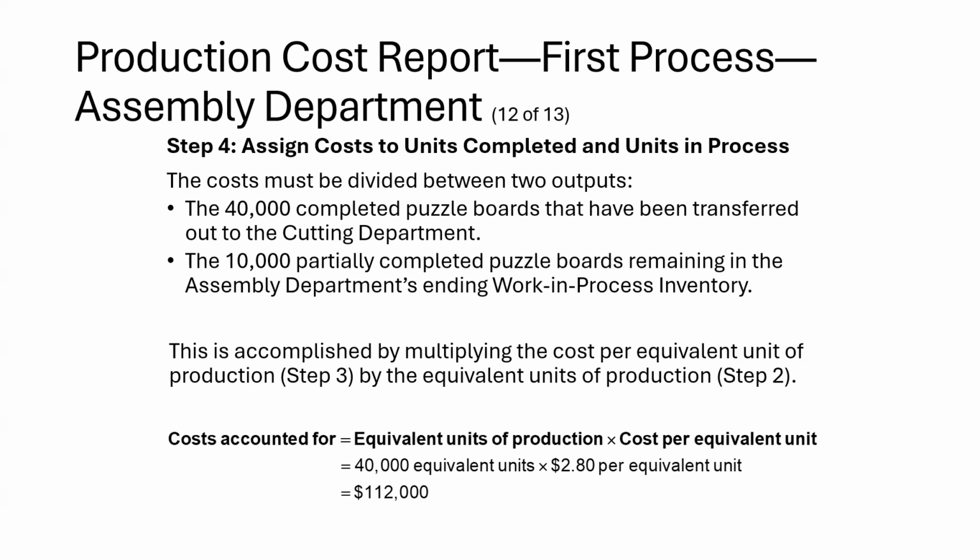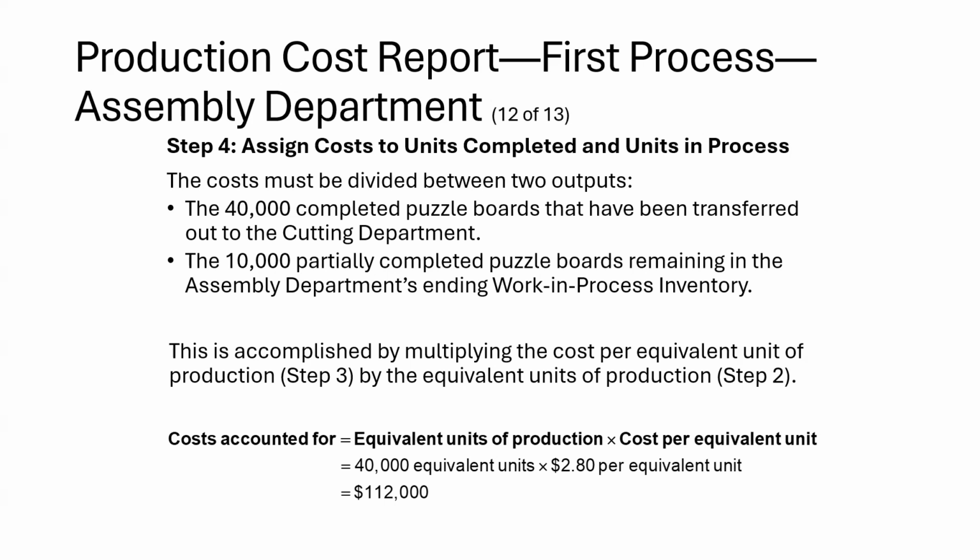So in step 4, you assign costs to units completed and units in process. The cost must be divided between 2 outputs: the 40,000 completed puzzle boards that have been transferred out to the cutting department, then the 10,000 partially completed puzzle boards remaining in the assembly department's ending work in process inventory.